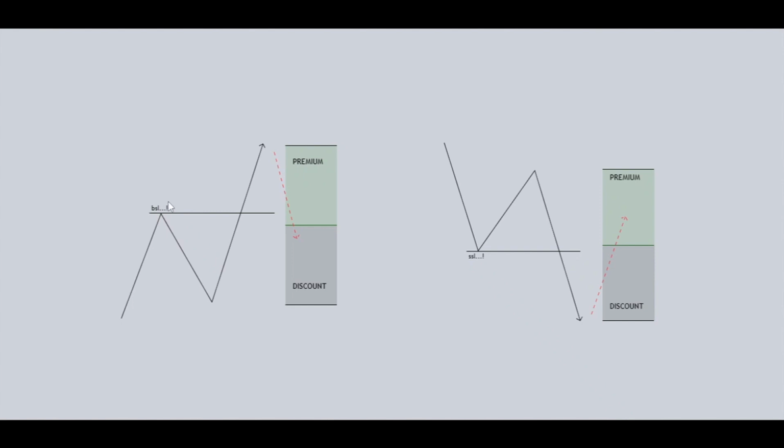So going back into the bullish scenario, we took this high. This high is considered as our what? Our buy side liquidity, because each and every high and low in the market is what? It's liquidity. So if we take a high, it means we've taken out what? Buy side liquidity.